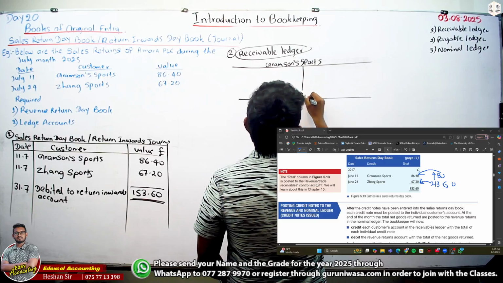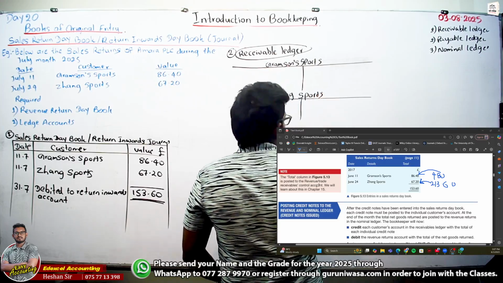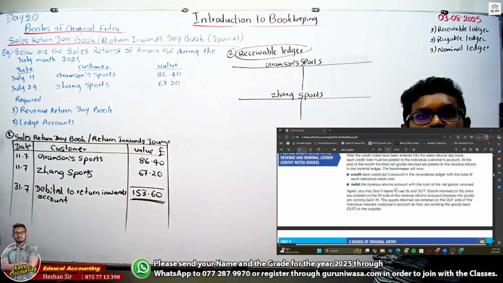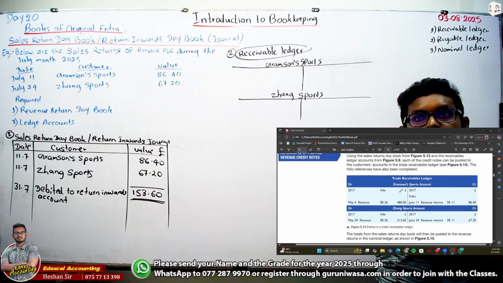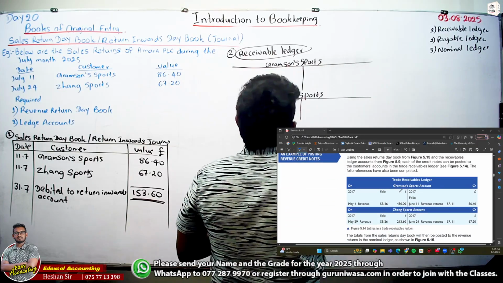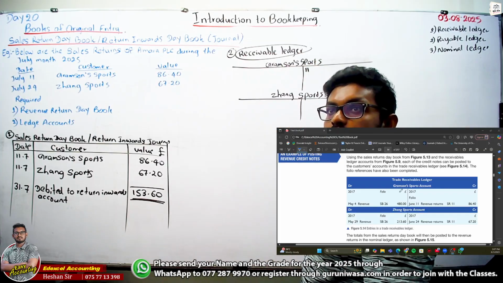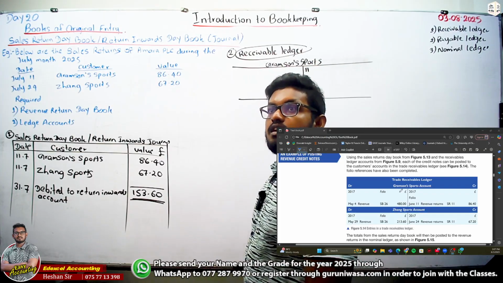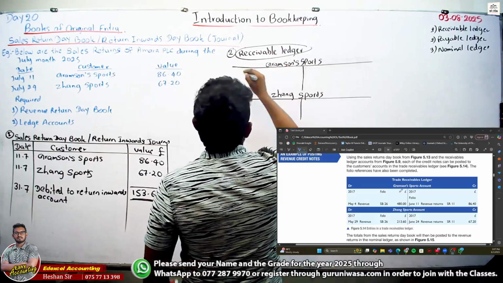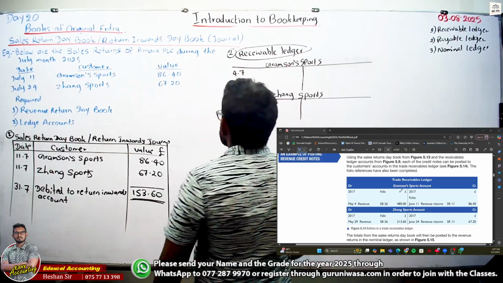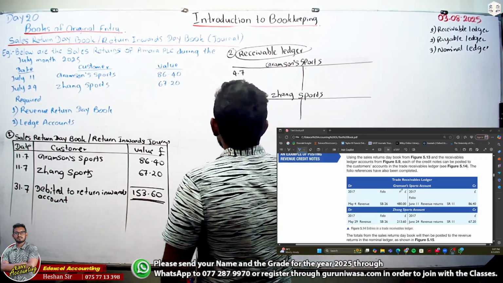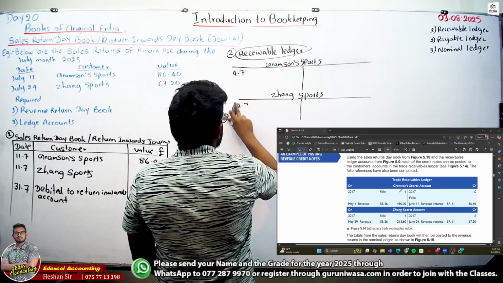Sang Sports, right? Sold dates you can see, 11th of July. Sorry, sold dates are 4th of July, 4th of July, and here Sang Sports 29th of July.